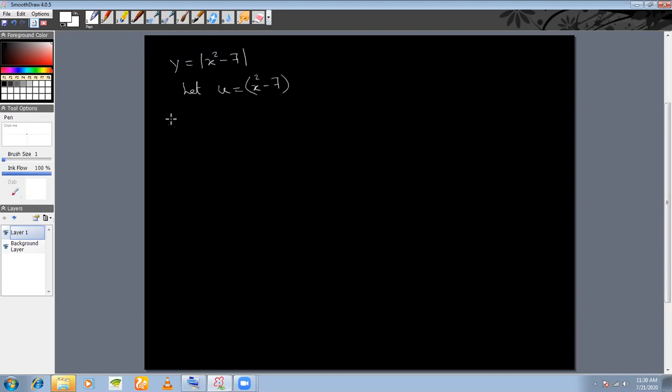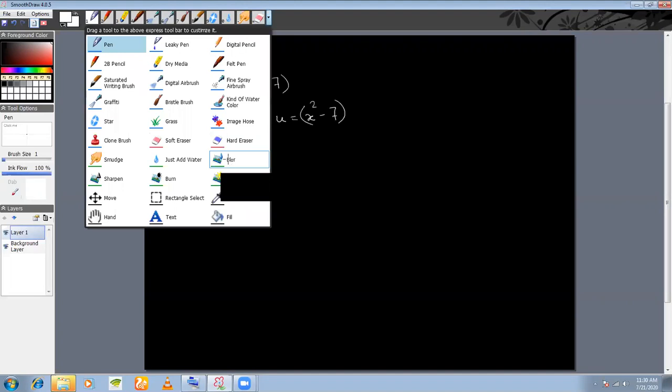Therefore, y is equal to mod u, and u is equal to x square minus 7. So what is dy/du? What is the differentiation of mod x? It is x by mod x, isn't it? Yes or not? Formula?